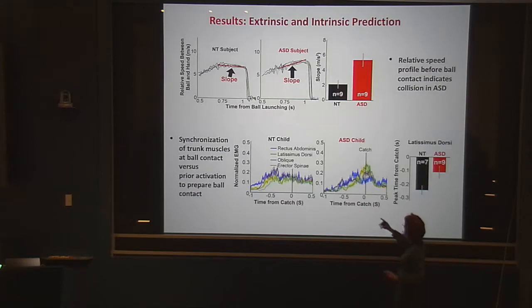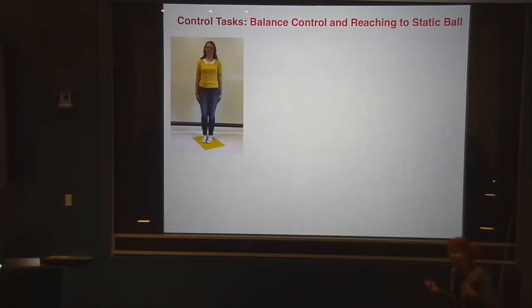For the ASD children, the muscle activity increases in an almost synchronized fashion with a maximum at contact, meaning at the collision the body is contracting. There is no predictive activation of the muscles prior. Again, we looked at one muscle and did statistics showing this held over a number of different subjects.